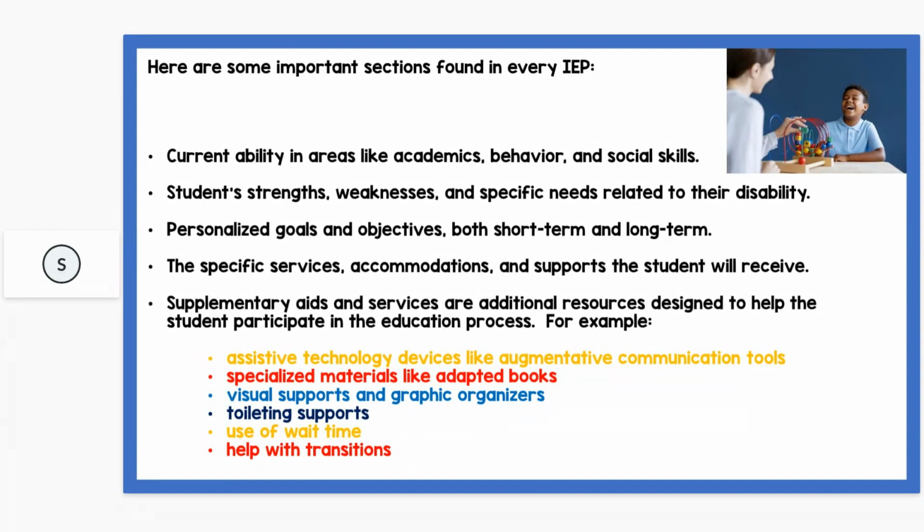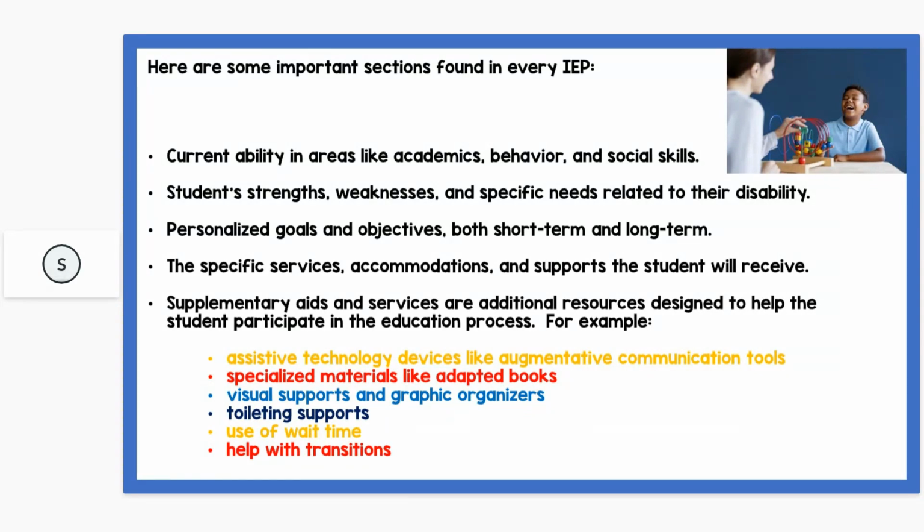And the specific services or accommodations that the student will receive are in that IEP and listed there. Sometimes the school team will come up with them based on what the kid needs, but there'll be times where the parent will say, here's the things that I think my child needs. And because they're a member of the team, you guys work together.